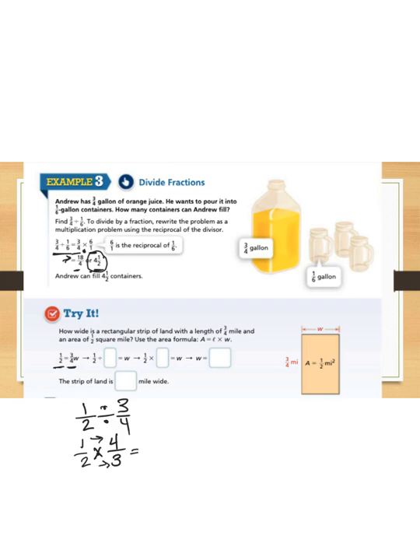Then we're going to multiply straight across. 4 times 1 is 4. 3 times 2 is 6. Now 4 and 6 are both even numbers, so I can divide them both by, that's right, 2. 4 divided by 2 is 2. 6 divided by 2 is 3. Therefore, the width of the rectangle would be 2/3.